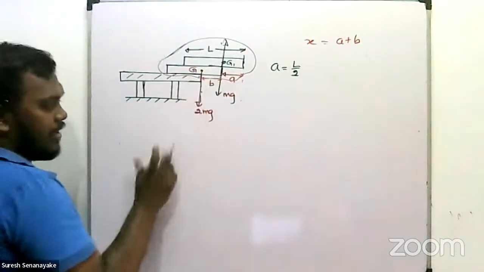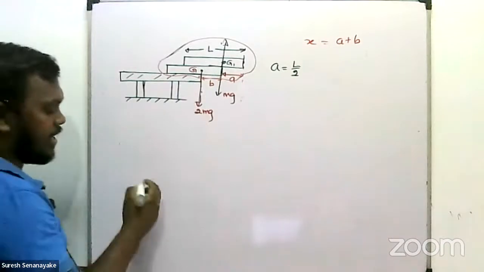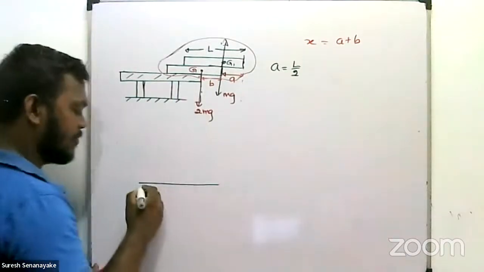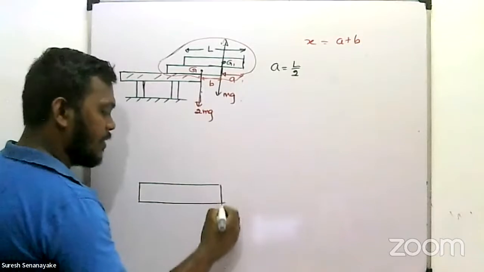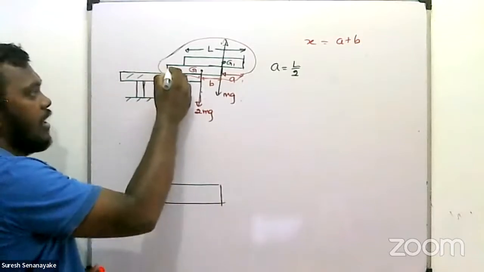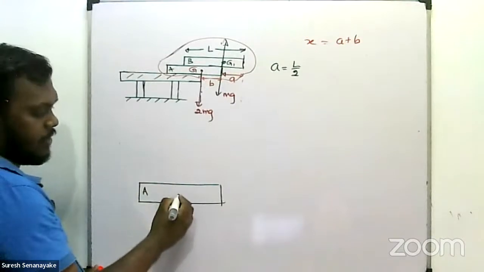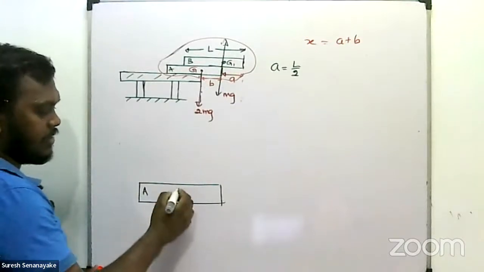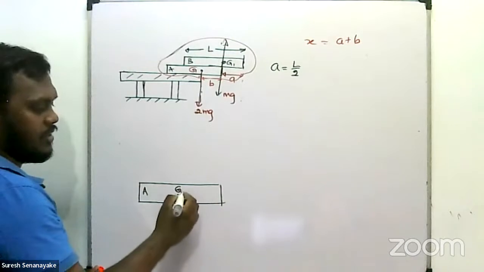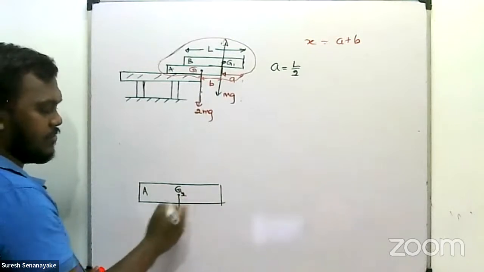I'll draw this separately here. Let's say this is A and this is B. The individual centers of gravity are G1 and G2.